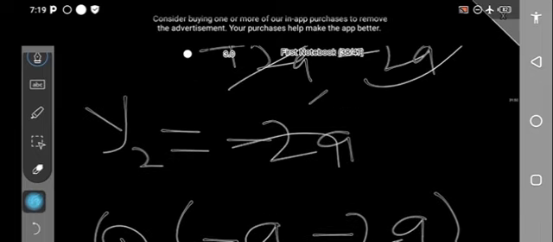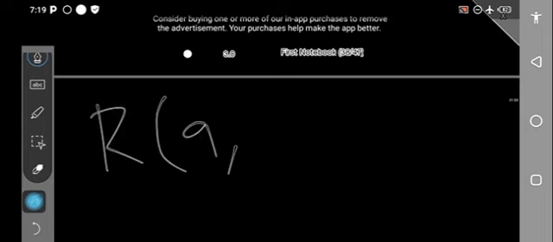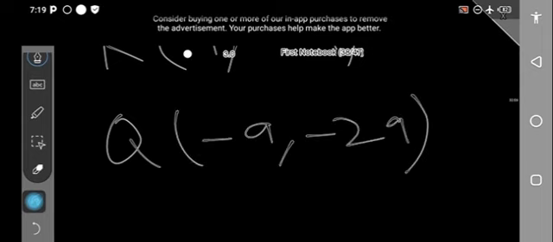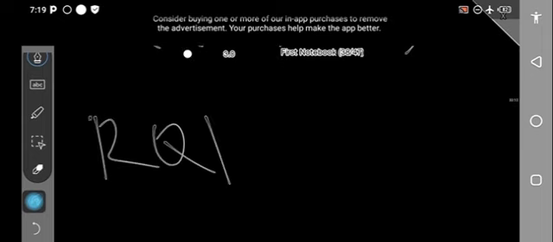So we have shown that the coordinates of the Latus Rectum ends are R, which is (a, 2a), and Q, which is (minus a, minus 2a). Now you want to show that the length of the Latus Rectum, which is RQ, equals 4a. This is what you want to show now.